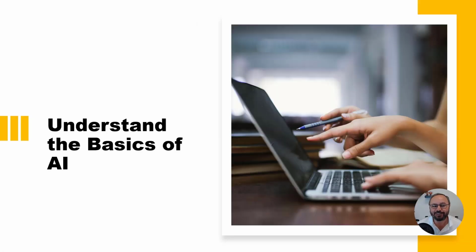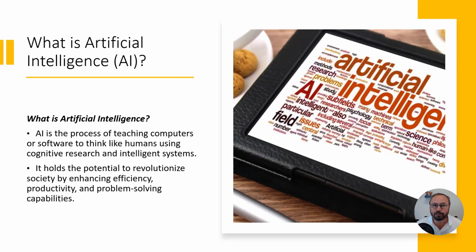In this lesson, let's talk about the basics of AI: what exactly is AI, why it's important, what are some of the types of AI available. First, let's define AI. AI is short for artificial intelligence. What is AI?